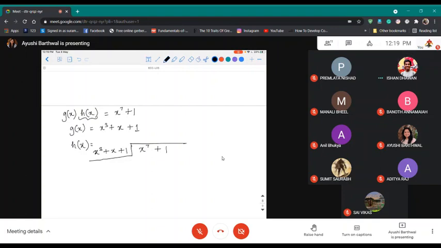What is the quotient over here? Ma'am, x4 plus x square. It is x4 plus x square only? There will be two more terms. It would be x4 plus x square plus x plus 1.